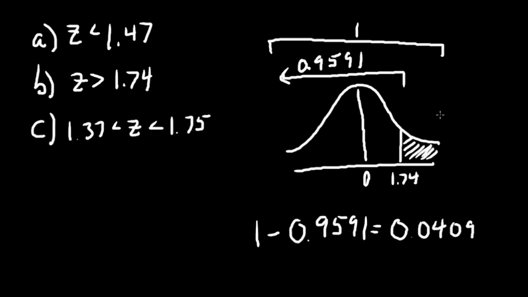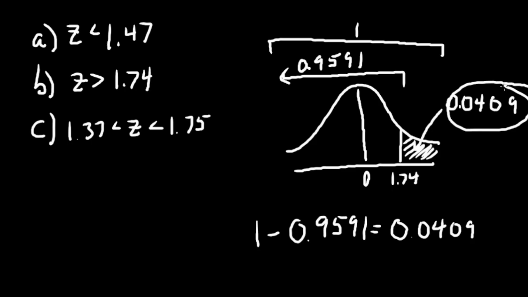So then this area here, right, that area is 0.0409. And that's our answer. Circle it, and we're done.